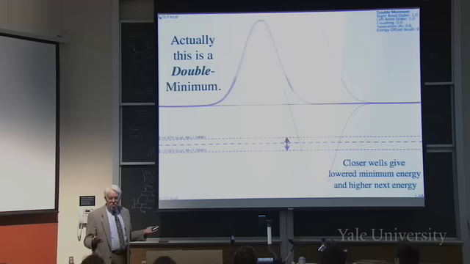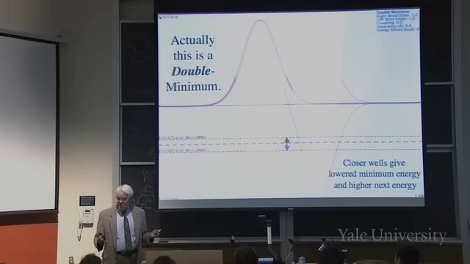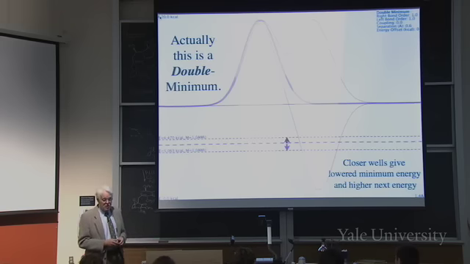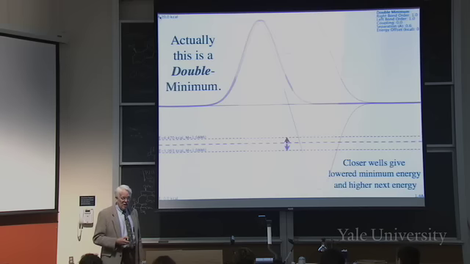When the wells were far apart, they had the same energy as the single minimum. But when the wells come together, the one with no nodes has less curvature, less kinetic energy, and is lower energy than the single minimum. And the other one has one node, more curvature than the single minimum, and a higher energy.